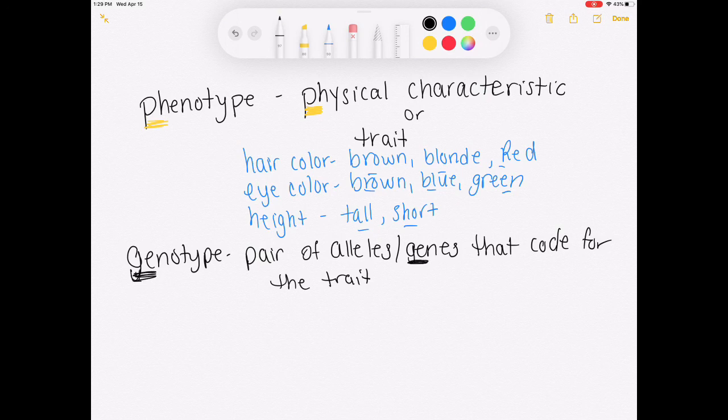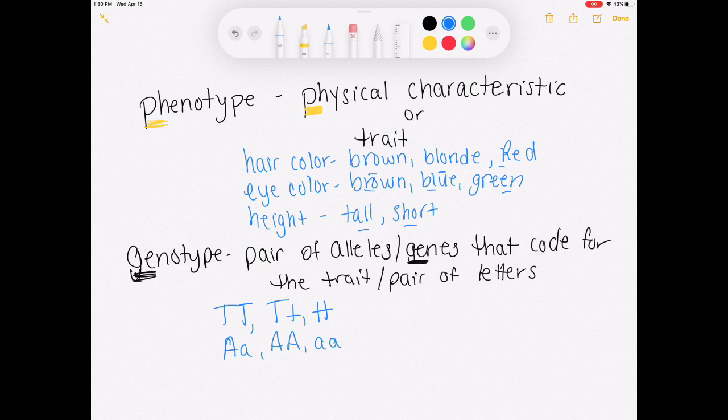Genotype is also like the letter G, and it's going to be your pair of letters like we were talking about before. For example, big T, big T, big T, little t, little t, little t, big A, little a, big A, big A, little a, little a. Those are genotypes.